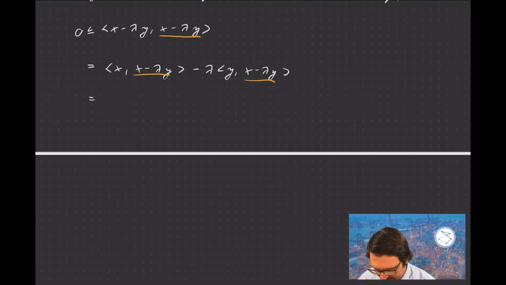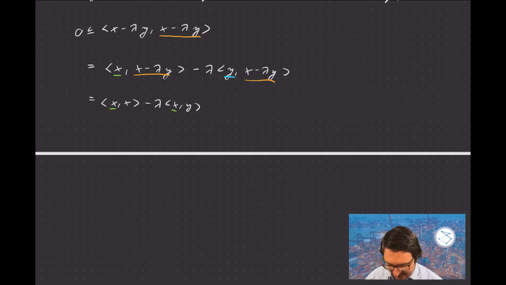Now we keep this here fixed first. And that means we get the scalar product of x and x minus lambda times x and y. So that was these x factors that are kept fixed here. And for the second, we keep this y here fixed.